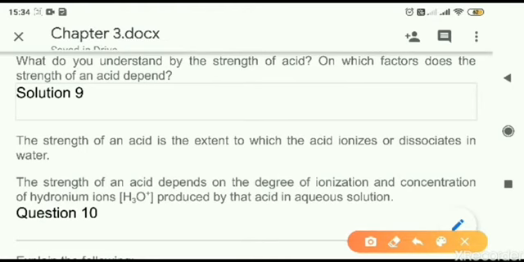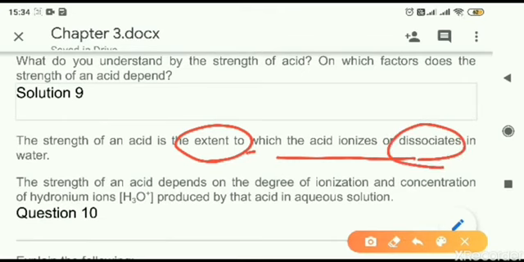Strength is the extent or the particular degree to which the acid can ionize. How much ionization is possible in a particular acid, that is called strength. Or we can say how much the molecules of the acid can dissociate or break down. Dissociate means they are breaking down. A single molecule of acid is breaking into different ions, positive and negative ions. So up to what extent this dissociation is possible, that is called strength.